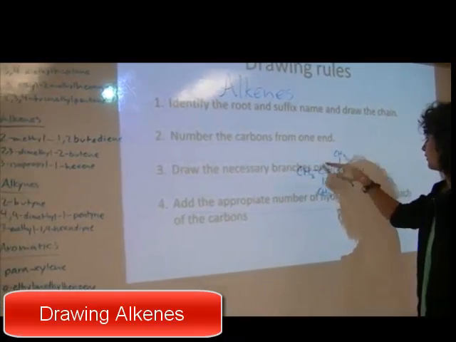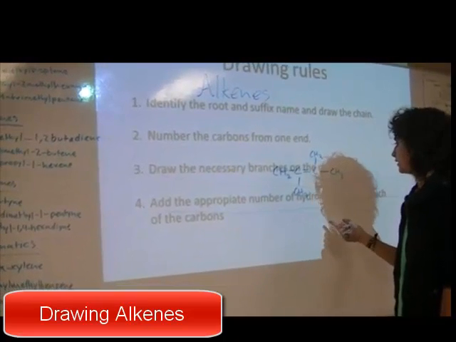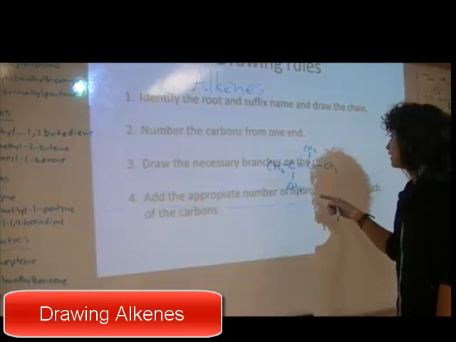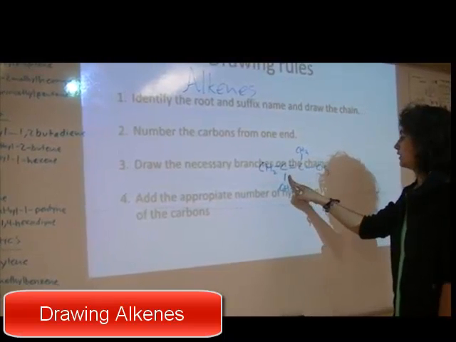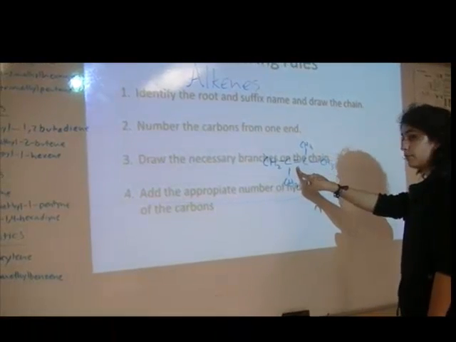It doesn't matter if your parent chain is this or this, because it's the same from side to side. A methyl in the place number 2 and 3, and 1 double bond in the place number 2.